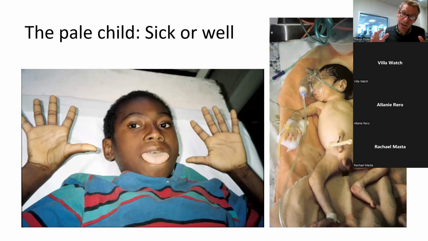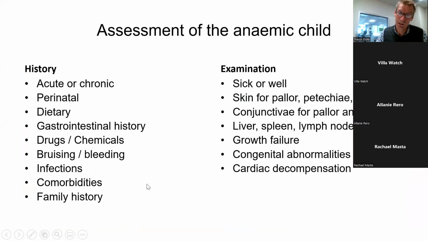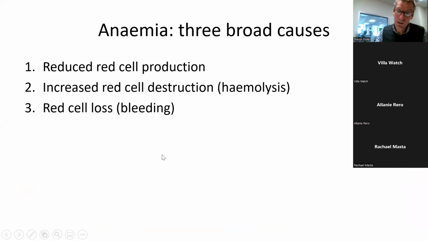So that meant that he had maximally compensated for his anemia. So you need to make an assessment, even if a child looks to be well, if they've got a very low hemoglobin, make an assessment of the degree to which they have cardiac compensation or decompensation. And this boy had decompensation because of a very big heart and a tachycardia and low volume pulses, even though he looked reasonably well.